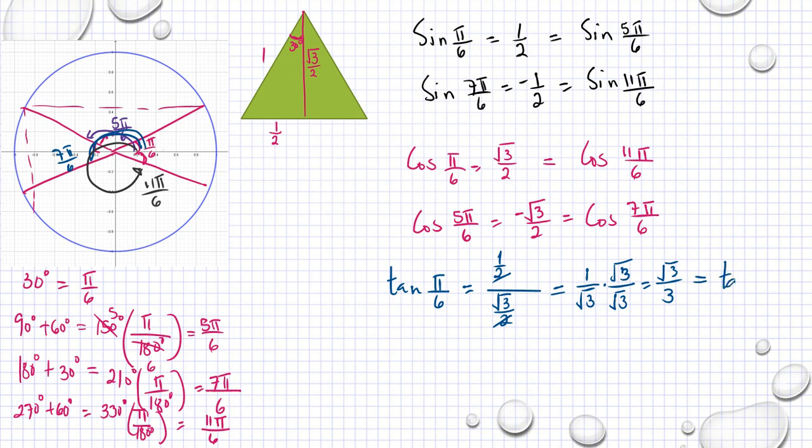We have tangent 7 pi divided by 6. For the negative value, 5 pi divided by 6 is equal to negative square root of 3 divided by 3, which is equal to tangent for the fourth quadrant, that is 11 pi divided by 6.